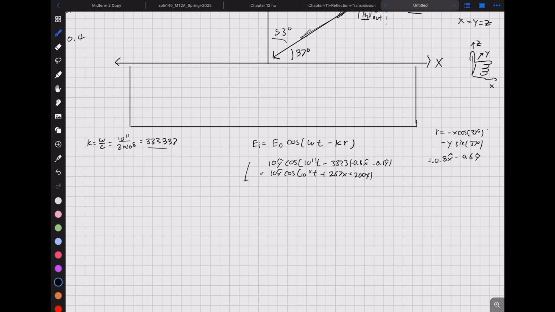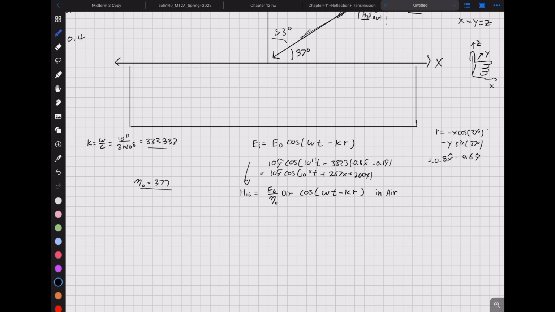Next, we want to change this into H1, and that's not very hard because H1 of I is just going to be E naught over eta naught, times the direction, cosine of omega t minus k dot r. Remember, this is in air, and when it's in air, eta naught is equal to 377.